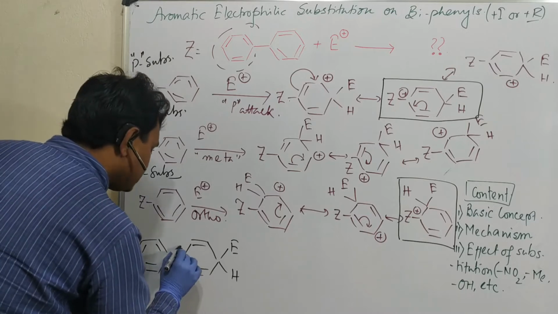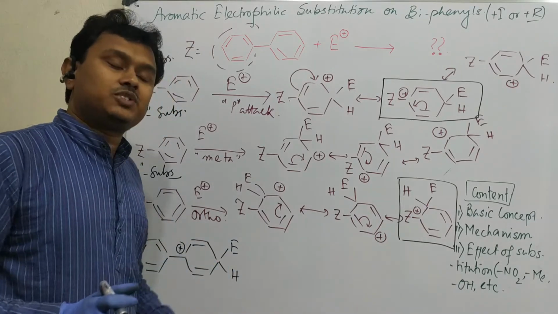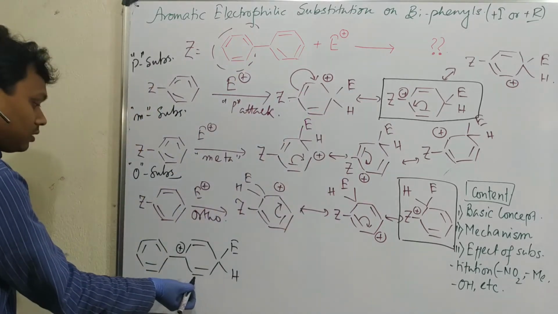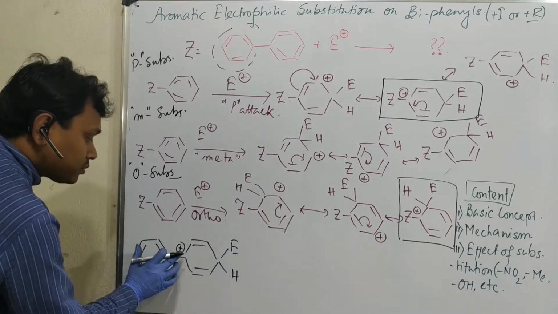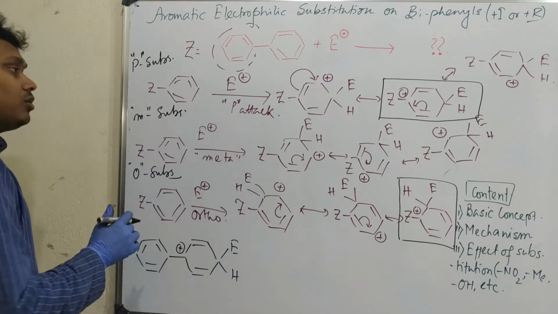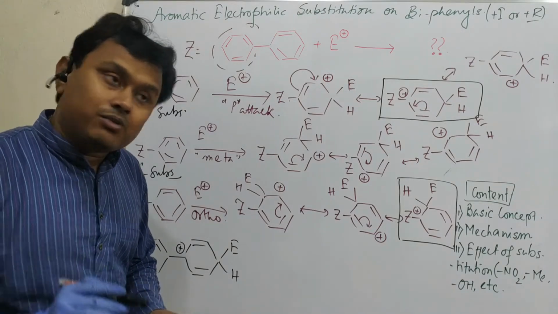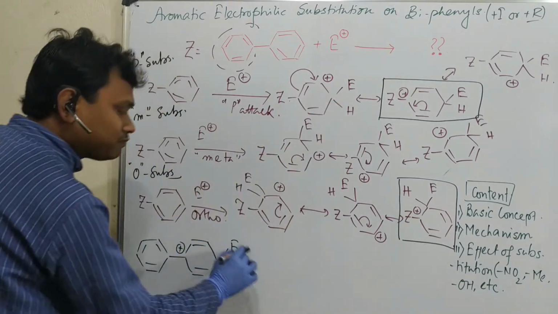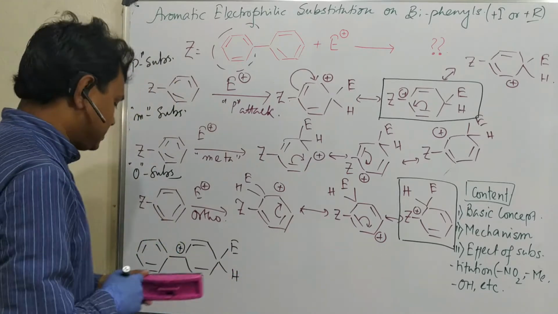Keep it in mind, this is the Wheland complex, which energetically resembles the reactant. This is a sigma complex, so it is energetically closer to the reactant. The path with the lesser corresponding energy of activation will be followed. I wonder why the energy of activation of this pathway, meaning para substitution and ortho substitution, is less. I will explain now.